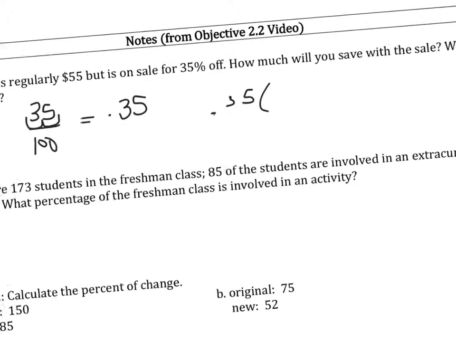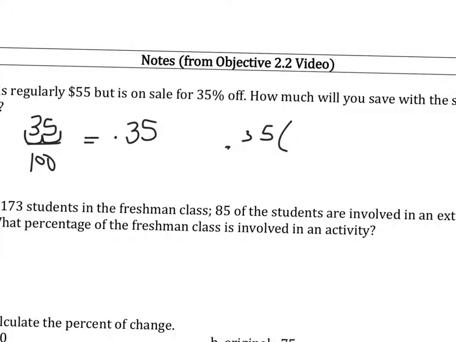I'm going to zoom in a little bit just so I can write a little bit easier. So 0.35 times 55, which is $19.25. This is how much money we are saving. So because of that sale, we're saving $19.25. So how much money are we going to spend on the hoodie?